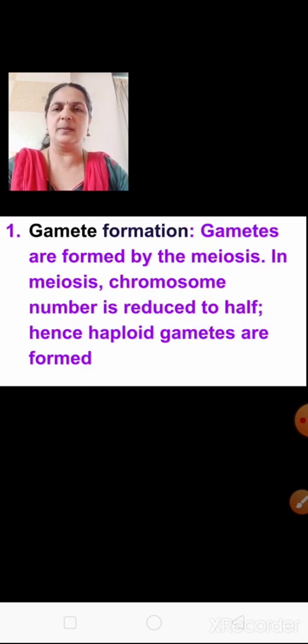In sexual reproduction, there are two processes taking place, in plants as well as animals. One is gamete formation. Gametes are formed by meiosis. We learnt about meiosis, children. At the end of meiosis, how many cells are formed? Four haploid cells.